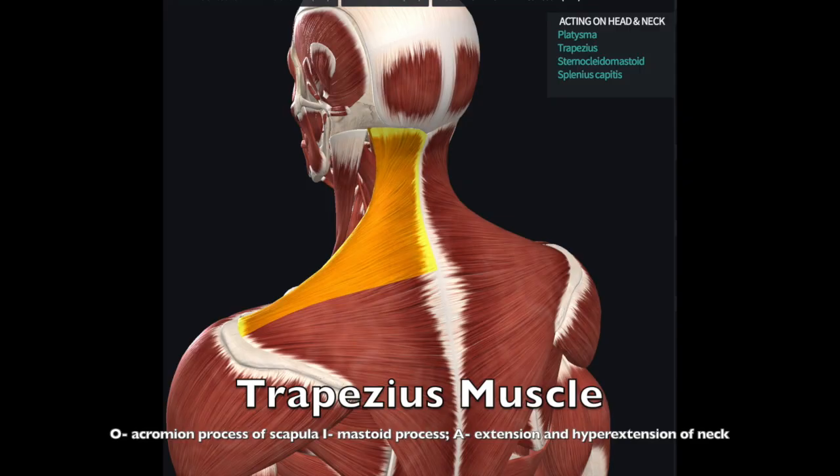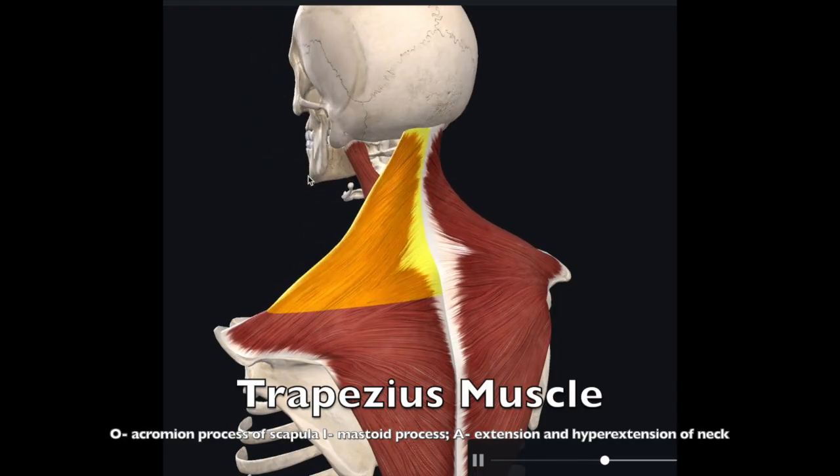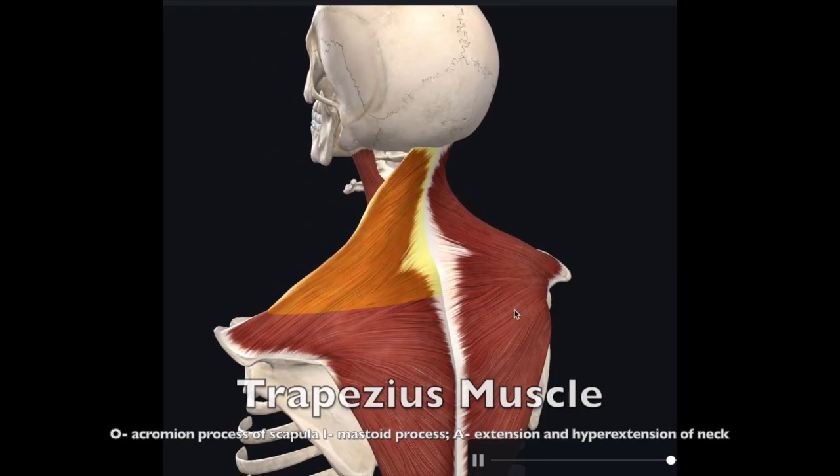It has several actions when engaged, but the one we're going to be looking at for the superior portion of this muscle, so after the neck has been flexed, it will extend it and then hyperextend.